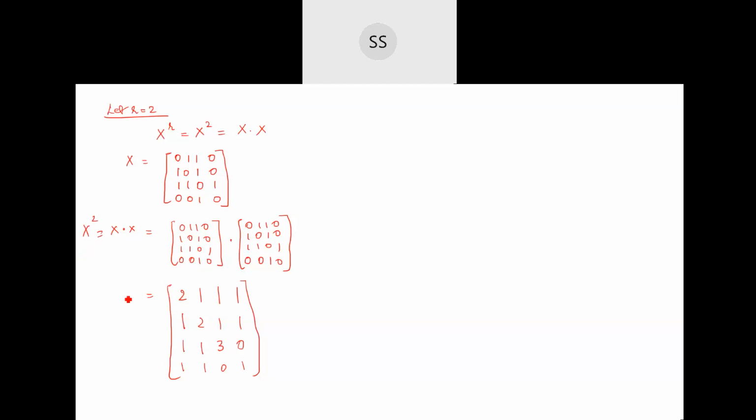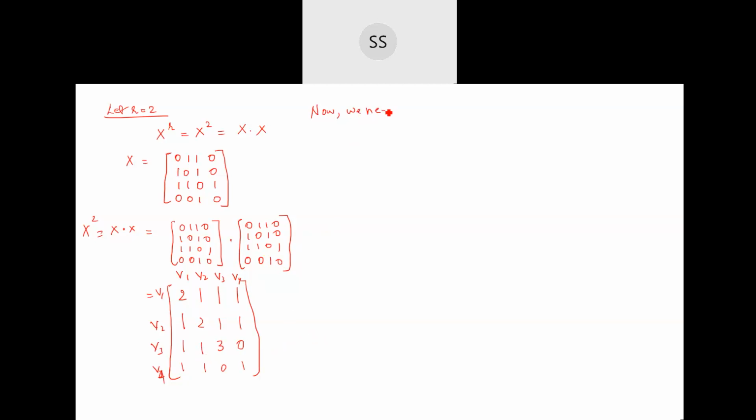Now keeping this x raised to 2 in mind, you can write this as v1, v2, v3 and this is your v4. Now keeping this in mind, you have to start doing the same thing. What do we need to do?